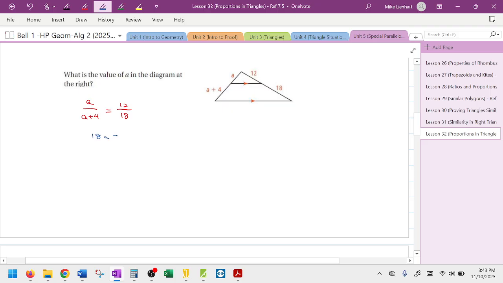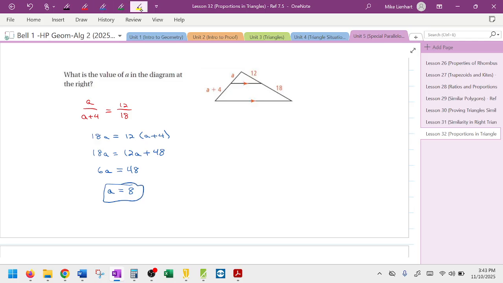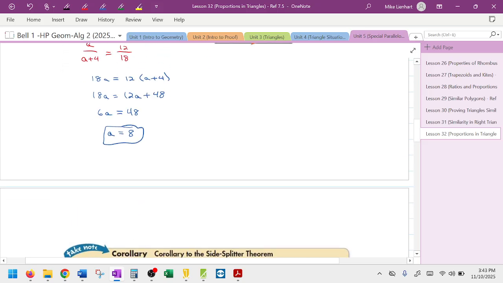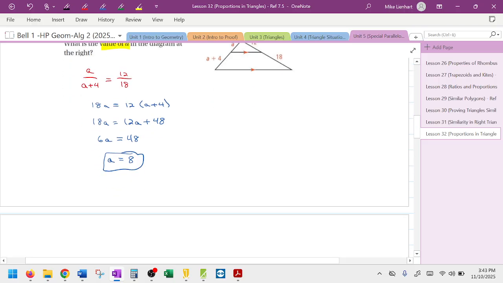So I get 18a is equal to 12 times a plus 4, or 18a is equal to 12a plus 48. Subtract 12a, and that leaves me with 6a is 48. And if I divide, I get a is equal to 8. Again, they asked me to find the value of a. I found it. All right, that was side splitter.